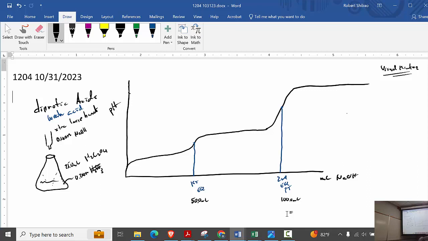All right, so we can get some points very rapidly. The first points I get are the half equivalence points because those should be pretty easy. And so the first half equivalence point will have, what, the pKa1 here or the pKa2? This is going to be pKa1. And so we go back and look at the Ka1 for this.